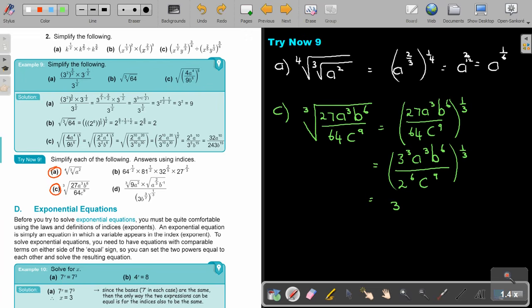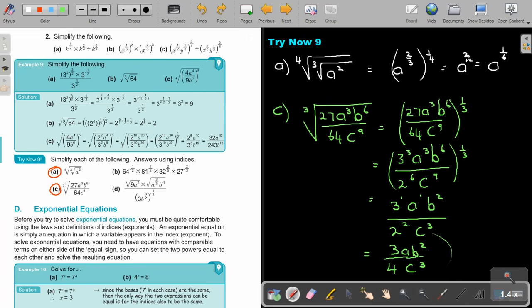So it's 3 to the power of 1, a to the power of 1, b to the power of 2, over 2 to the power of 2, c to the power of 9 divided by 3, c to the power of 3. And the final answer will be 3ab squared over 4c cubed. That will be my final answer.